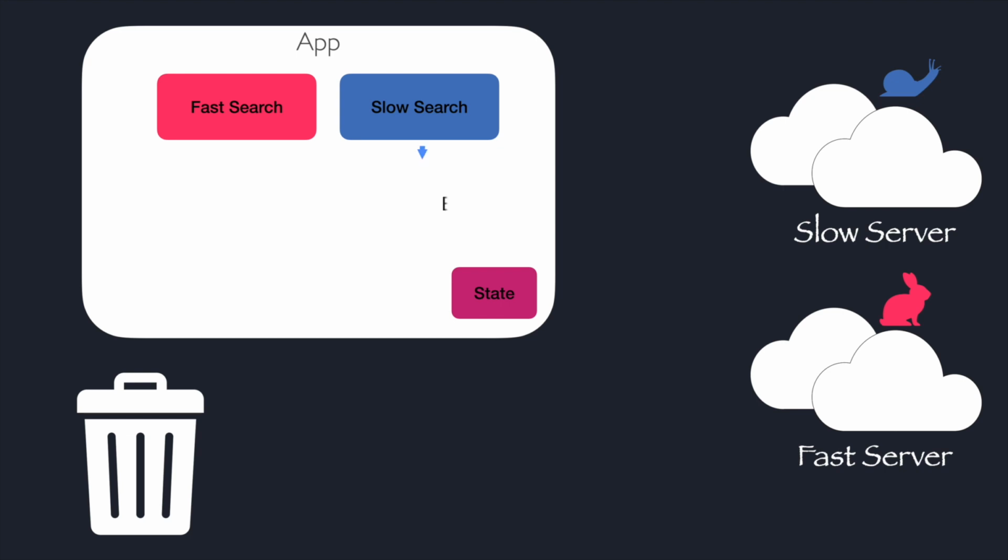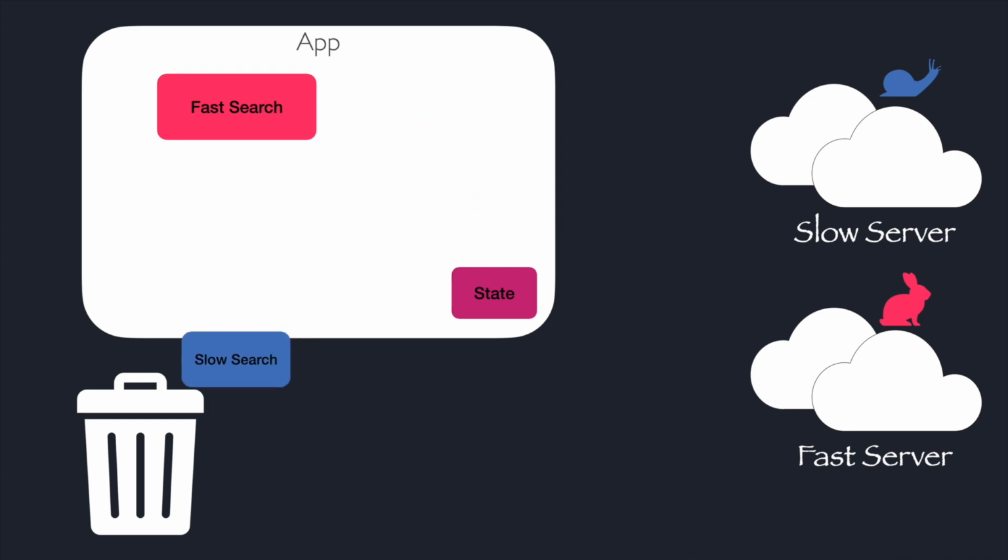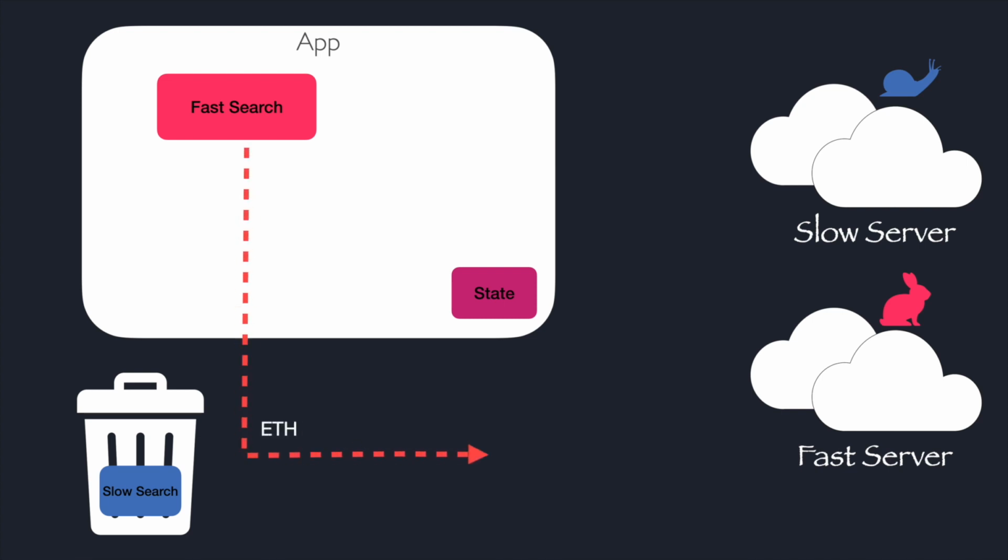Here we make a request for info on BTC to the slow server. A few seconds later, we change our mind and make a request for Ethereum, but this time through the fast server. The response from the fast server comes back and is written to the state and displayed on the page.